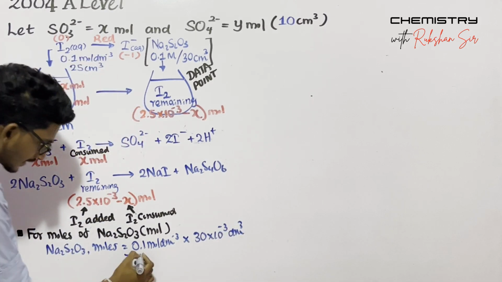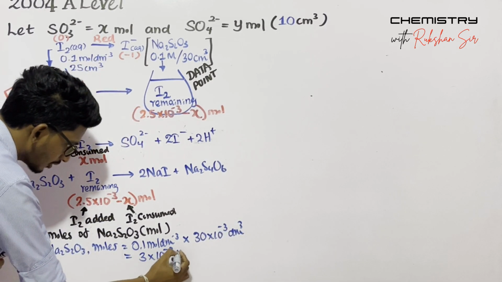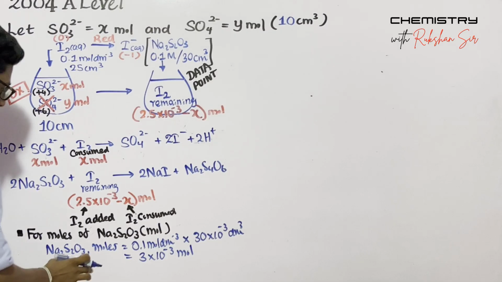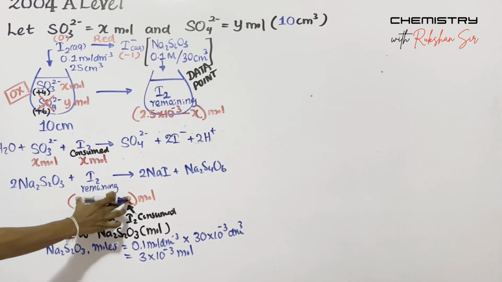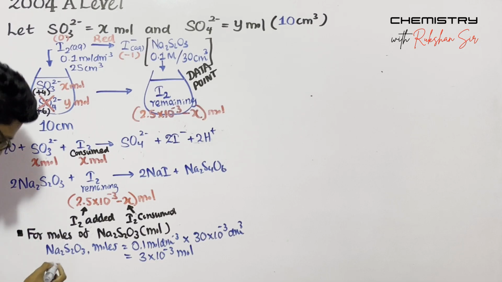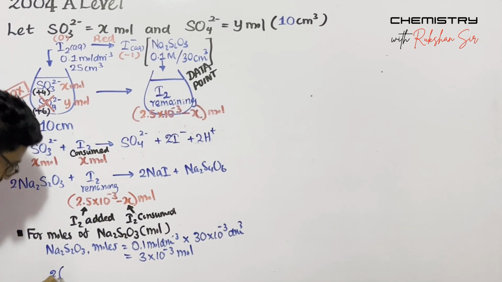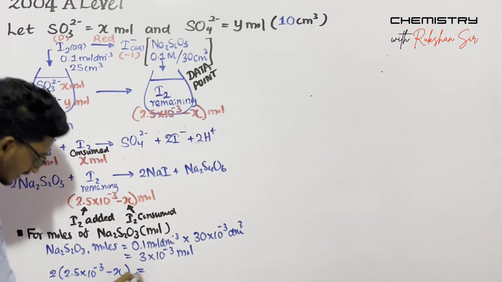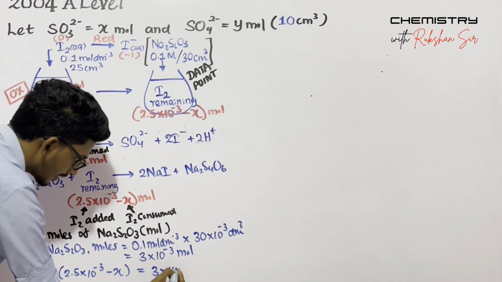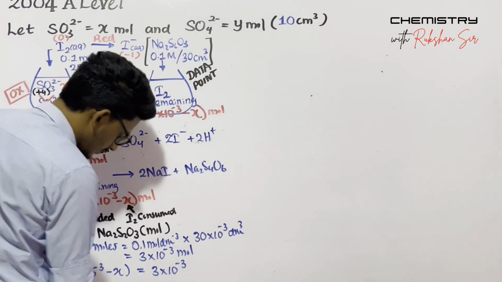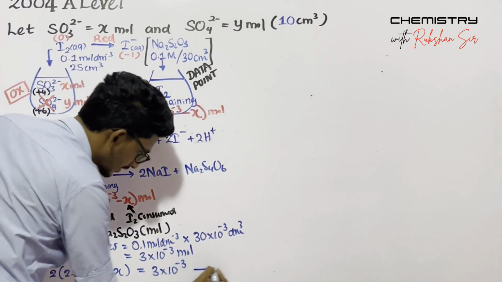The amount is 3 into 10 to the power minus 3 moles. So that amount is equal to the I2 remaining amount into 2, twice of that, right? So we can write 2 into (2.5 into 10 to the power minus 3 minus x) is equal to 3 into 10 to the power minus 3, right? That is your first equation.